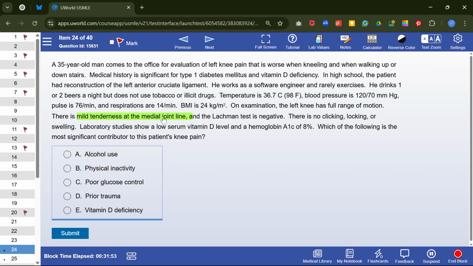Medial joint line. Medial knee pain is pes anserinus bursitis, pes anserinus syndrome. Yes, bursitis should have fever. She has a low vitamin D level.